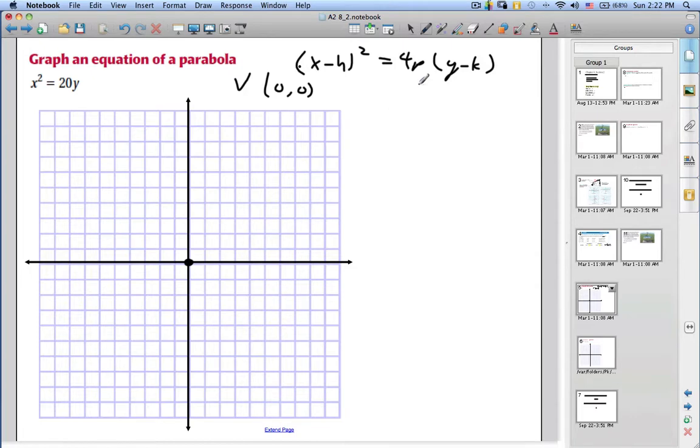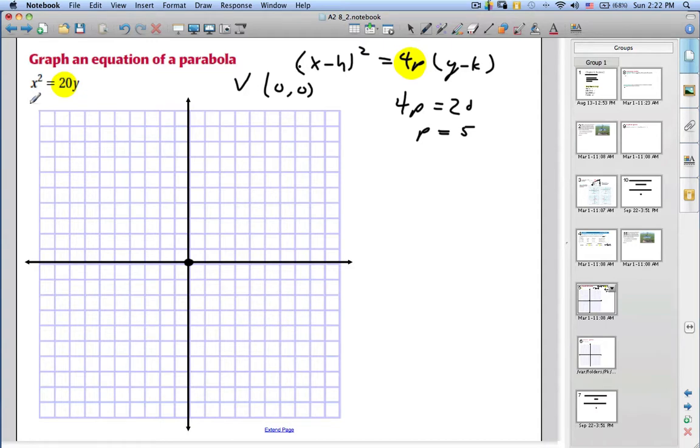And now I want to find p. So I know that 4p will be equal to whatever coefficient I have here, so 4p would be equal to 20. And that means that p is equal to 5. So what direction am I going to move? If you think back to chapter 1, this is very similar.